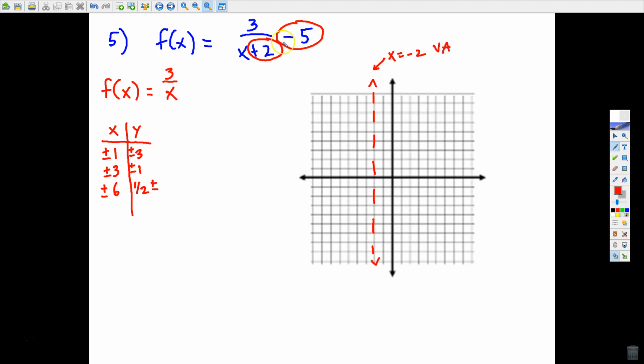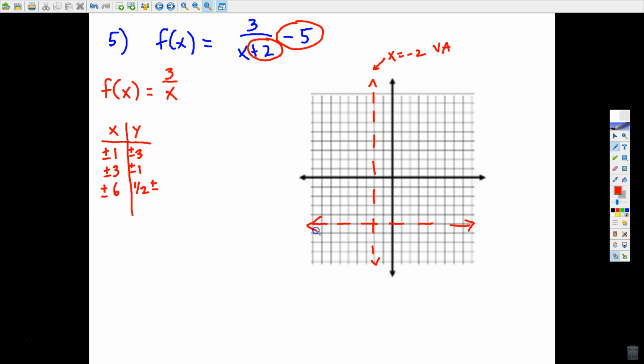Okay, and then for this shift, this indicates downward since it's minus. Instead of the parent where the horizontal asymptote was the x-axis, when we shift 5 down, it's like taking this horizontal asymptote and moving it 5 places down.